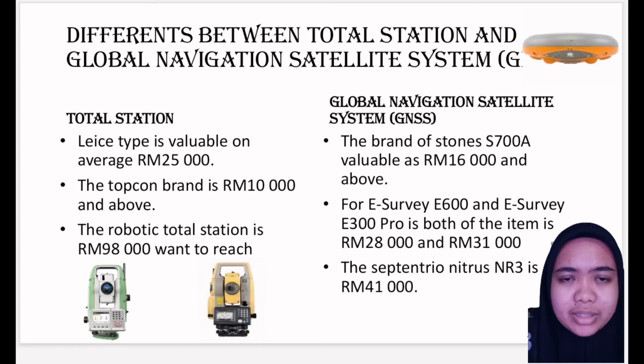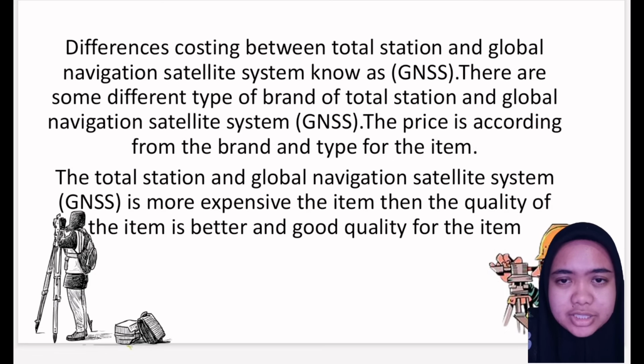For the Septentrio Mosaic NRT is 41,000 ringgit Malaysia. The more expensive the total station and GNSS item is, the better the quality of the item.